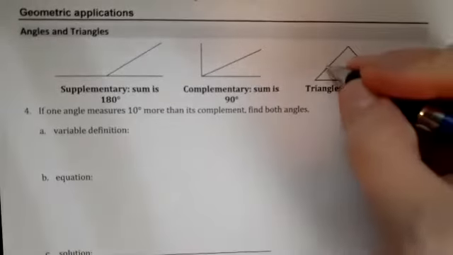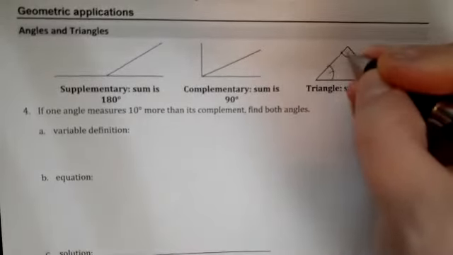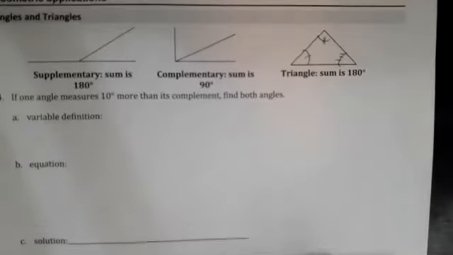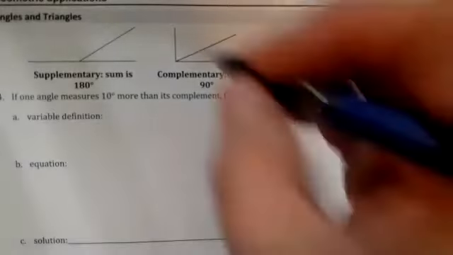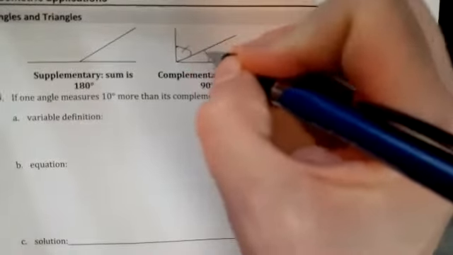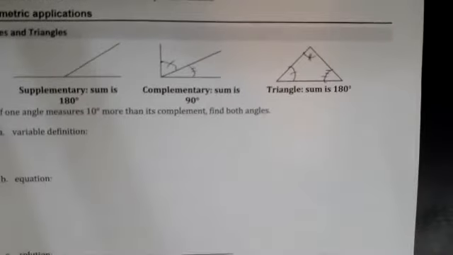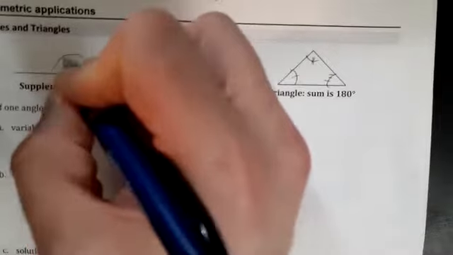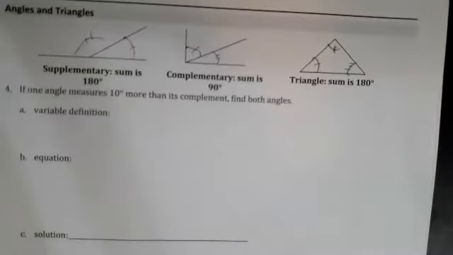So what they're talking about is these 3 angles, when we measure them up, they're going to add to 180. What they mean for complementary is that when you add these 2 angles up, they're going to add up to 90. And supplementary, when we add these 2 angles up, they'll add up to 180.